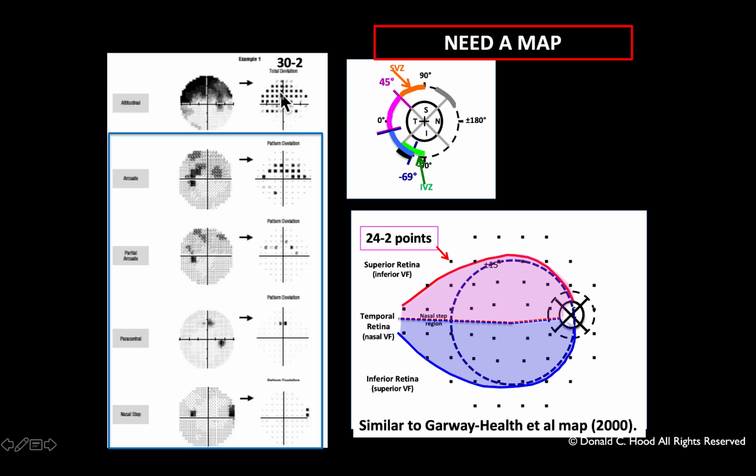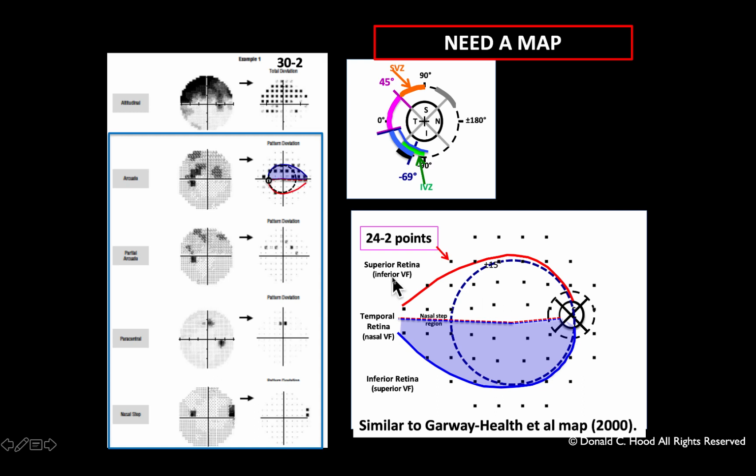So let's just consider these defects for starters. What I want to point out here is these defects all fall within this region, that is, they fall within here and that part of the disc.